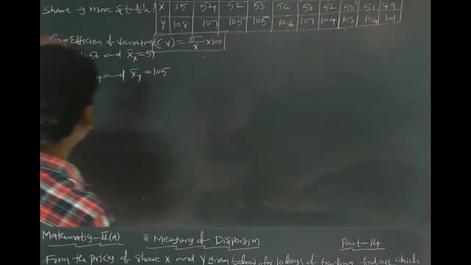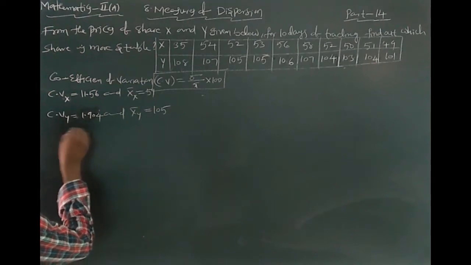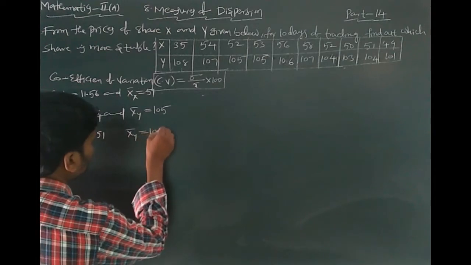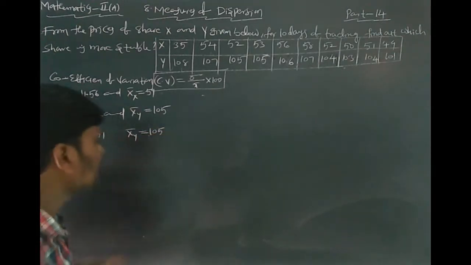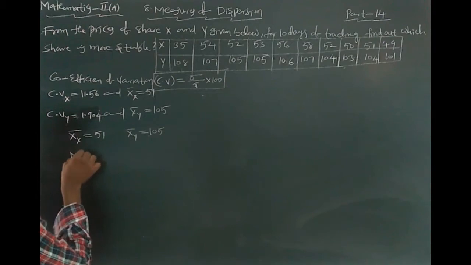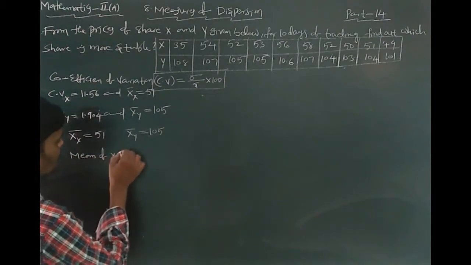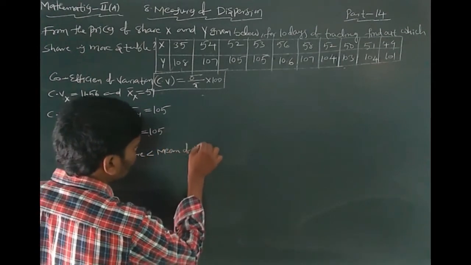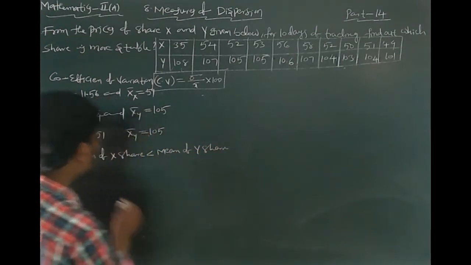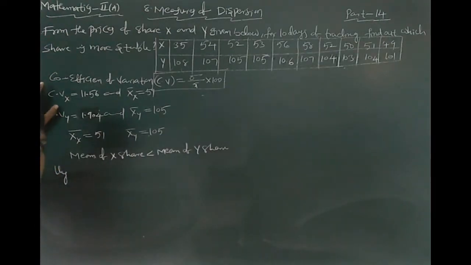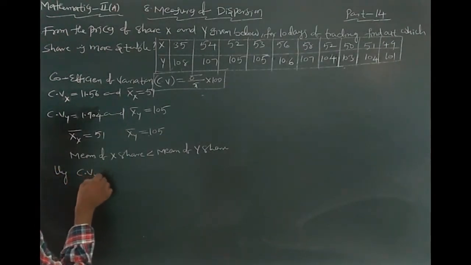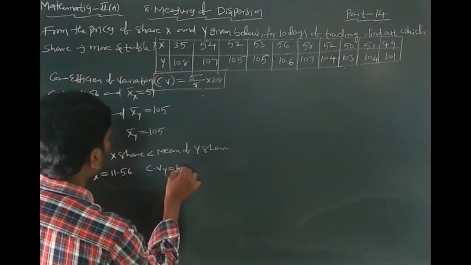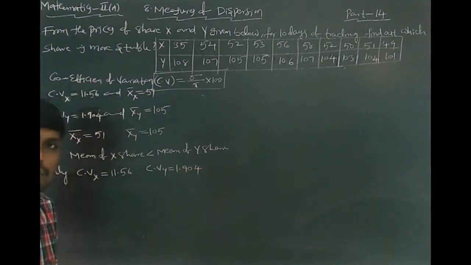Here the mean of x share is 51 and the mean of y share is 105. The mean of x share is less than the mean of y share. Similarly, observe the coefficient of variation: for x share it is 11.56 and for y share it is 1.904.